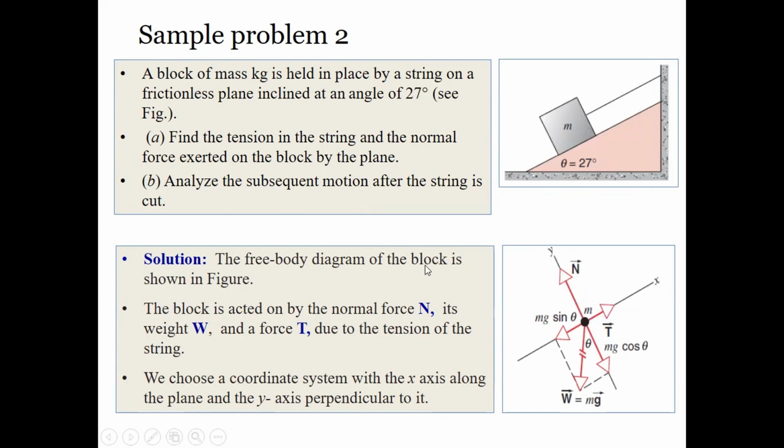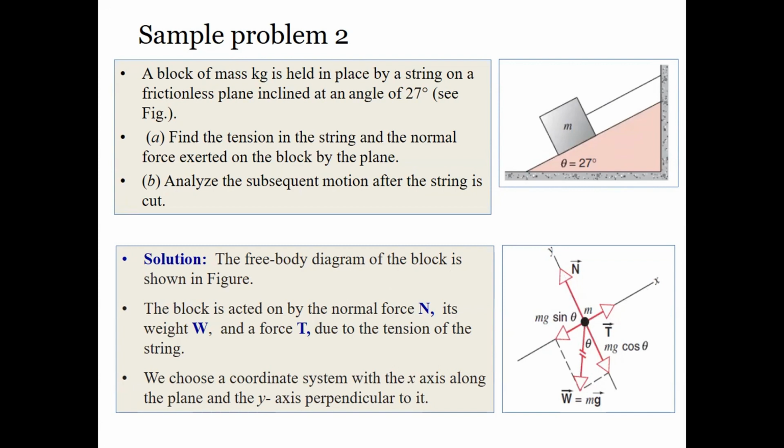The free body diagram shown here has the choice of the coordinate system with the x-axis along the plane, and the y-axis perpendicular to the inclined plane. The block is attached to a string, and the block has a normal force acting on it, and then there is a weight which is vertically downward, and there is a tension in the string which is away from the body as shown here.